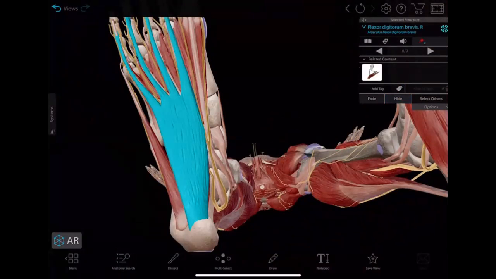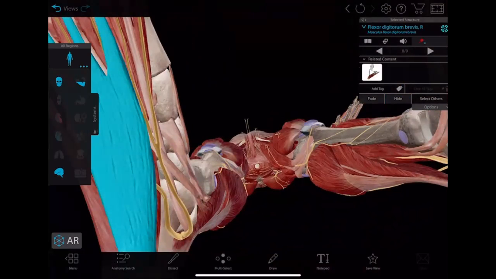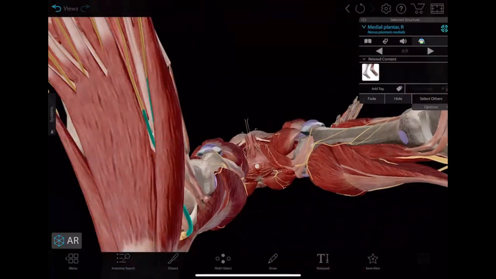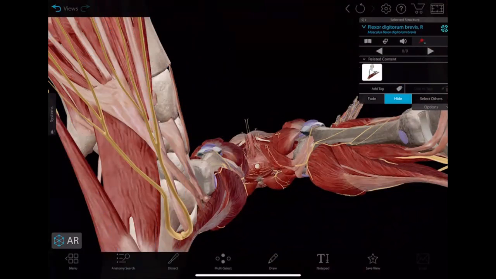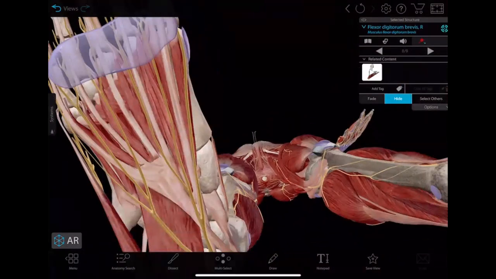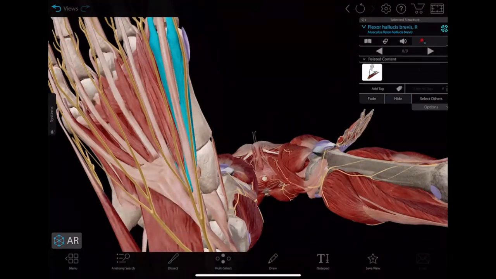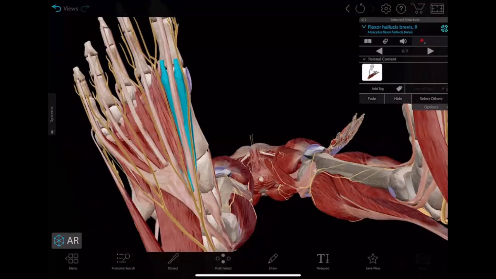So this medial plantar nerve lies between these muscles, right? This is the medial plantar nerve. This is abductor hallucis, and this is flexor digitorum brevis. So it supplies those two muscles and gives a proper digital nerve to the great toe. So this is the structure.